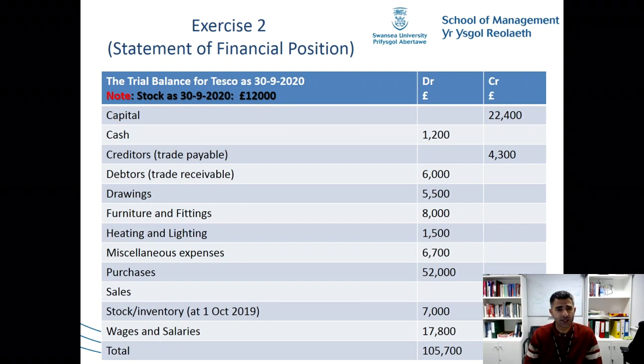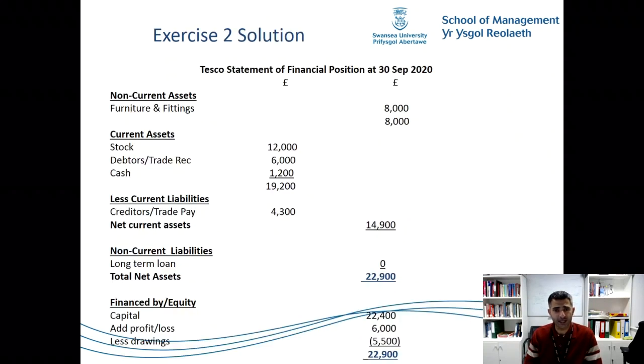Great. So, here we go. In this case, 12,000 plus 6,000 plus 1,200, so the total current assets equal £19,200. Excellent.